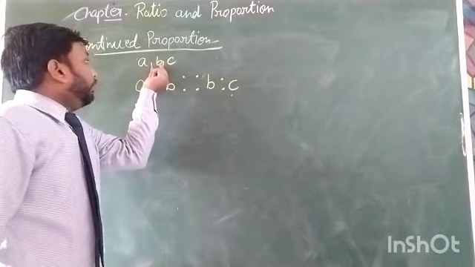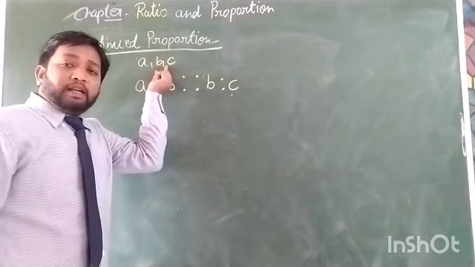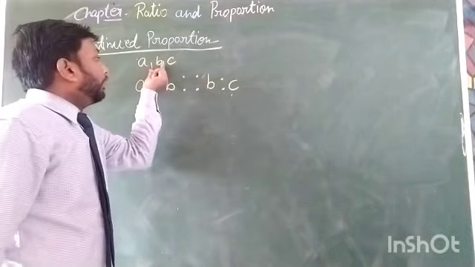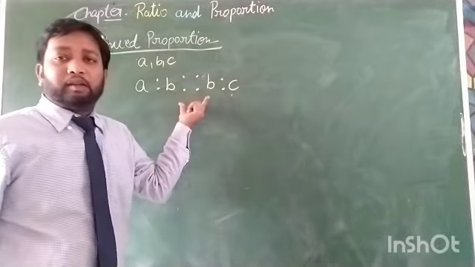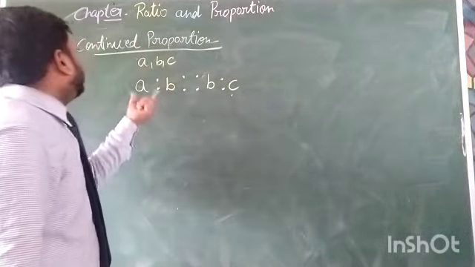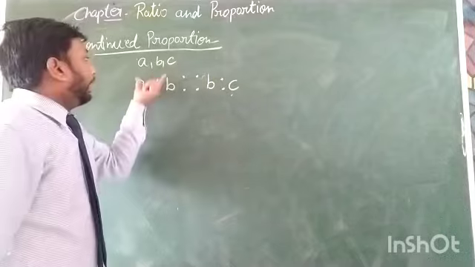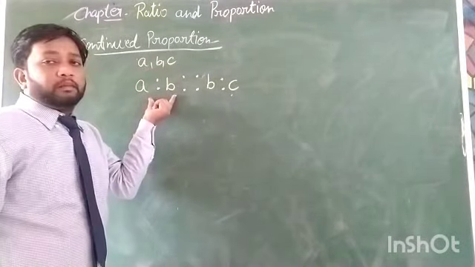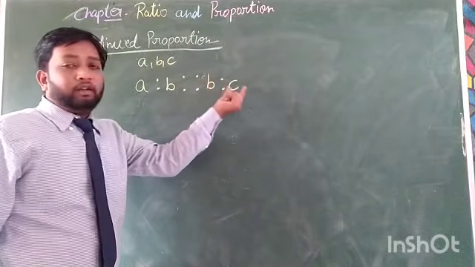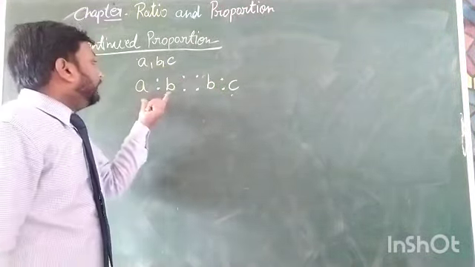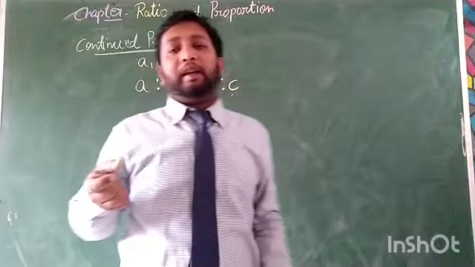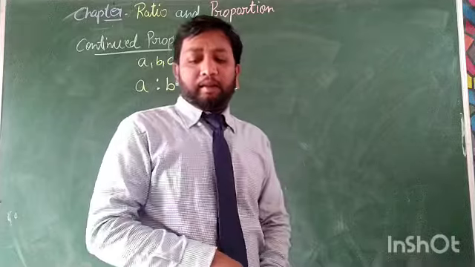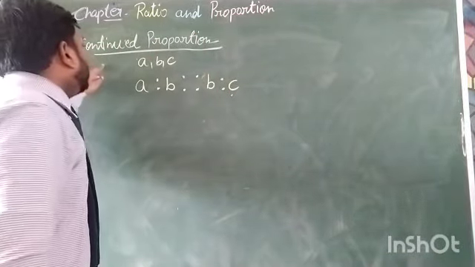We take b as the second term and also as the third term, because b continues as the second and third term. So we call it a continued proportion. If anything is written in a proportional expression, the product of extremes must be equal to the product of means. This is how we solve this.